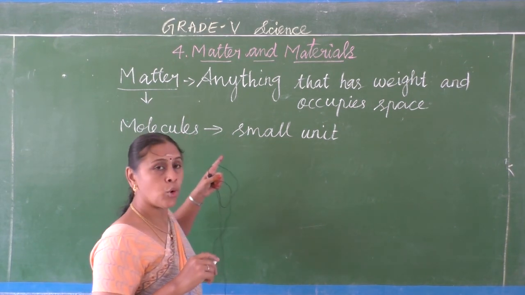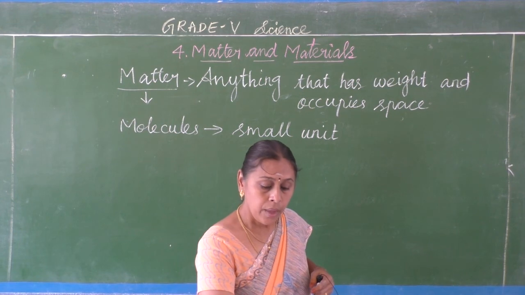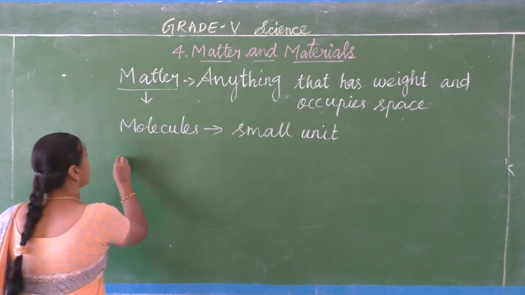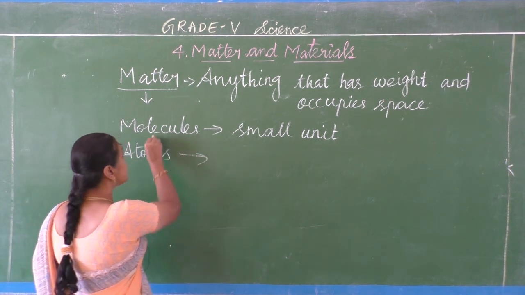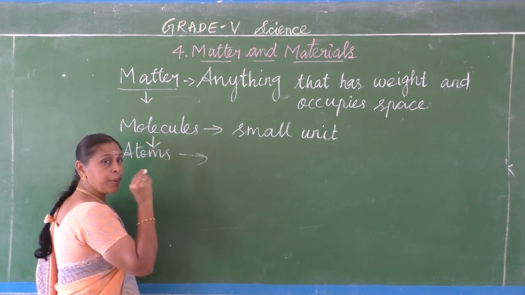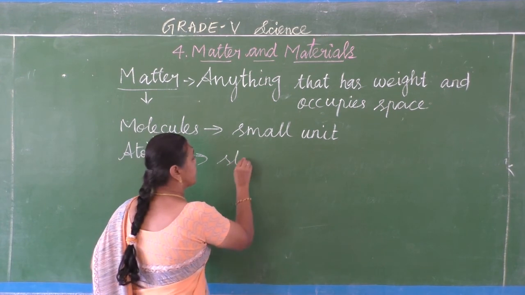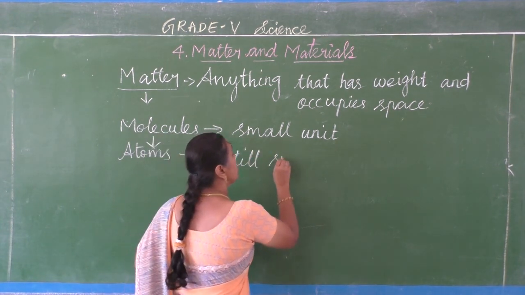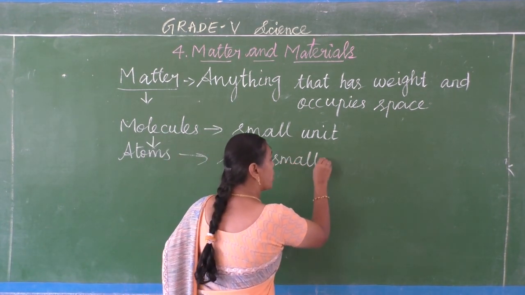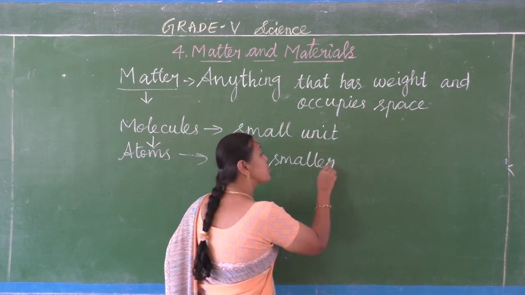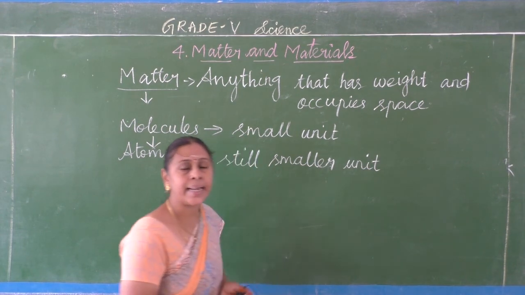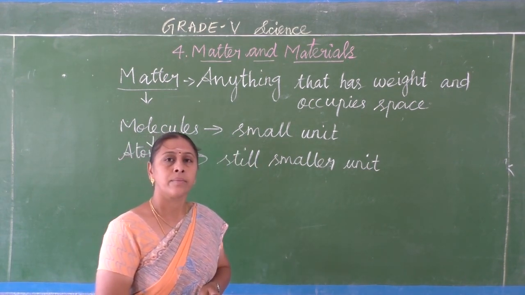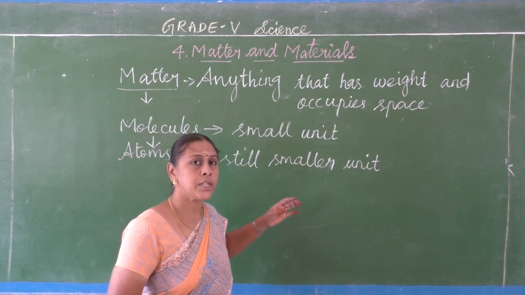And this molecule is made up of still smaller units called atoms. This molecule is made up of still smaller units. So the atoms are the smallest one in a matter. Do you understand, children?